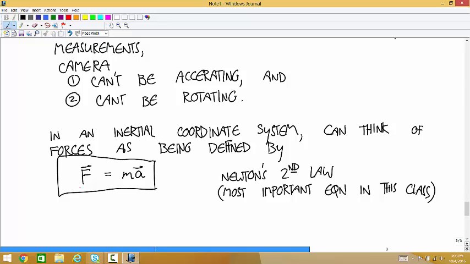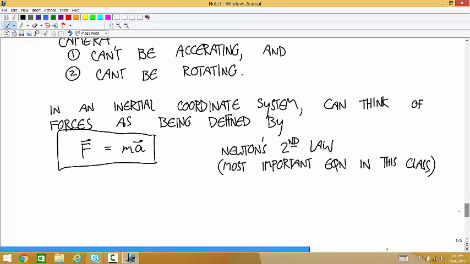And let me say a little bit about what each of these variables represent. This F is the sum of all the force vectors acting on a chosen object.